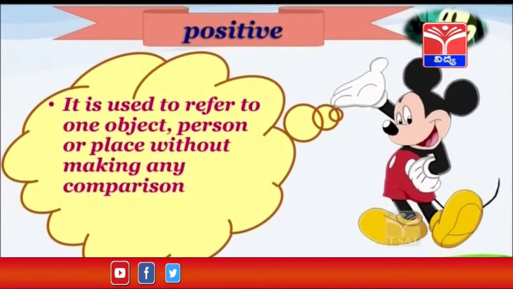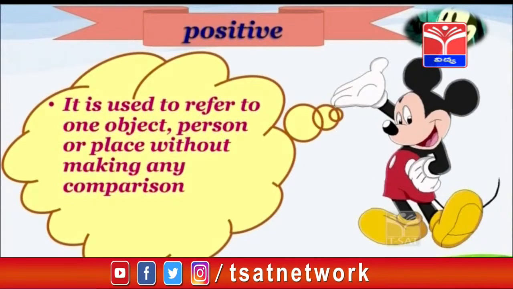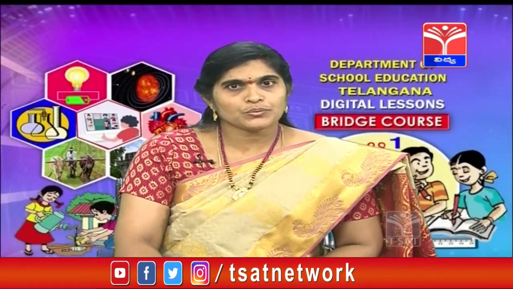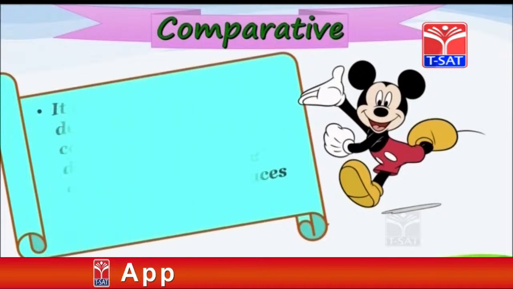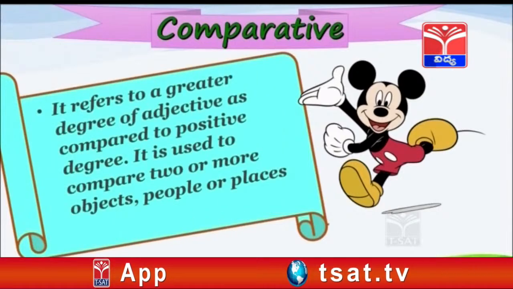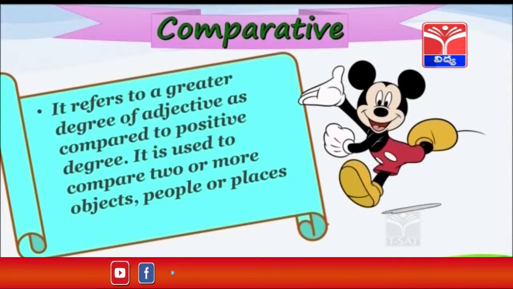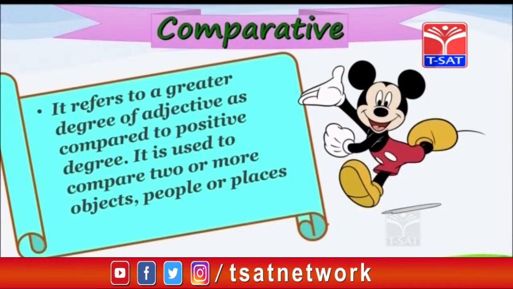It is used to refer to one object, person or place without making any comparison. Next we shall go with the comparative degree. It is nothing but a greater degree of adjective as compared to the positive degree. It is used to compare two objects, people or places.